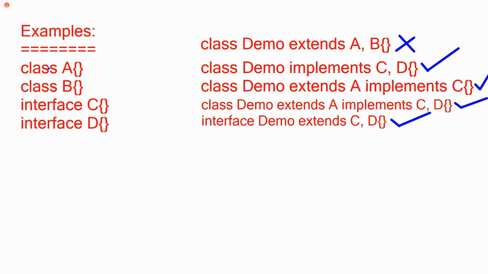These four I have given. Here I have taken A and B, that means two classes in another class. Java doesn't support multiple inheritance with classes, but with interfaces it is possible. One class, one interface also possible. One class, many interfaces also possible. Interfaces in an interface also possible. Okay.